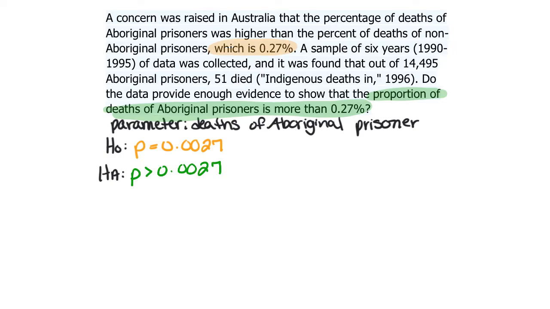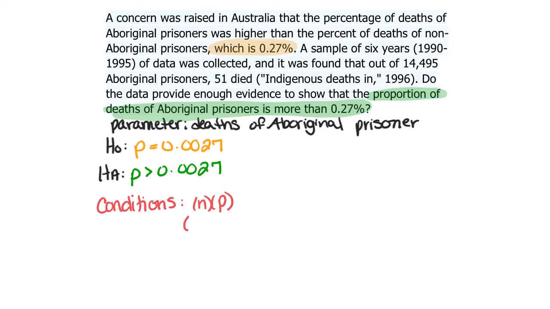So in order to run a hypothesis test, I want to first check my conditions and make sure I have enough sample size and sample data to accurately display a normal distribution. So I'm going to use N times P. N represents my number of trials, or my sample size.